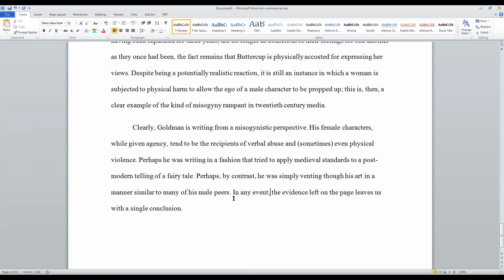Comma after that, because you have an introductory phrase composed of a preposition, which starts with the preposition in and ends with a noun, event, which means there's a comma that must follow it. In any event, the evidence left on the page leaves us with a single conclusion.